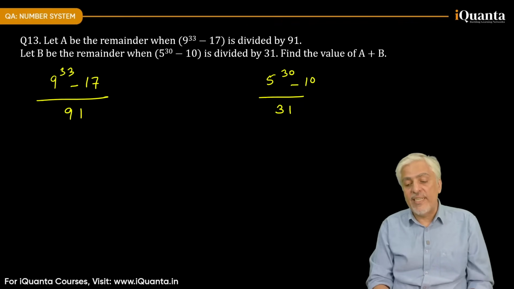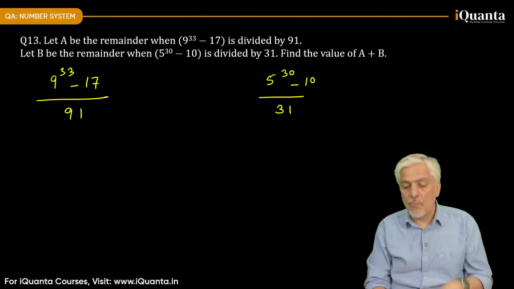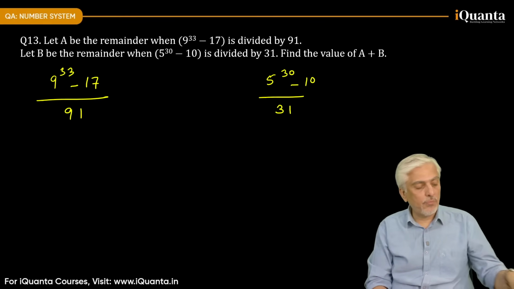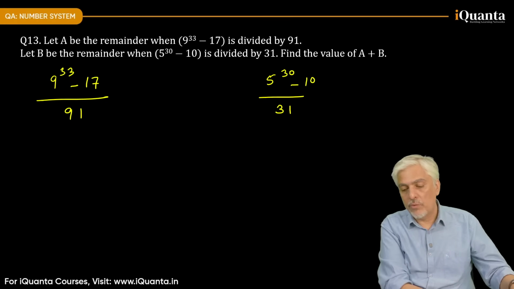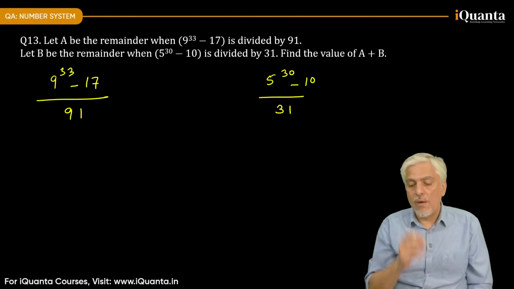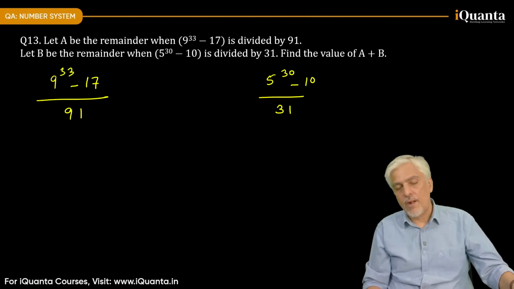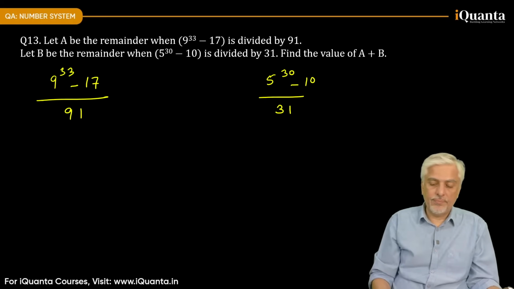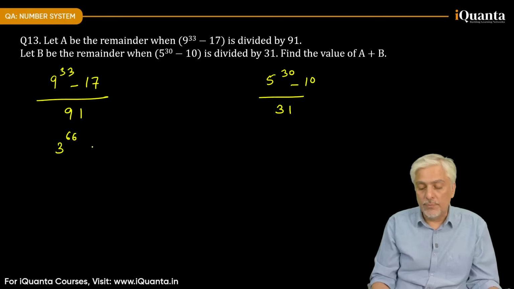It is working out very easily. Nine is not a prime number. If you want, you can write this as 3 raised to 66 also.